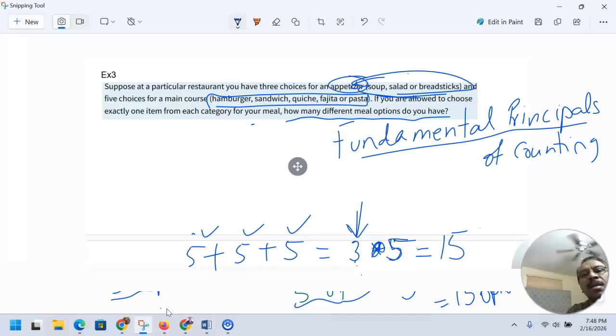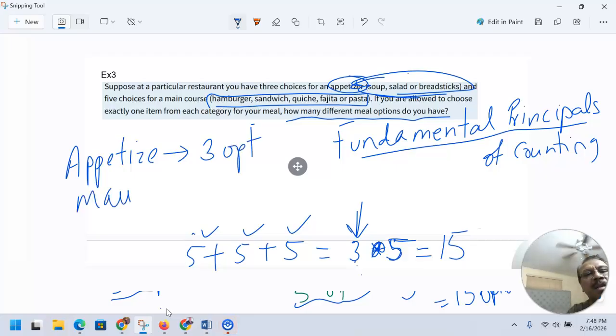For the appetizer, how many ways can you select an appetizer? You have three options, right? And how many ways can you select the main course? You have five options.